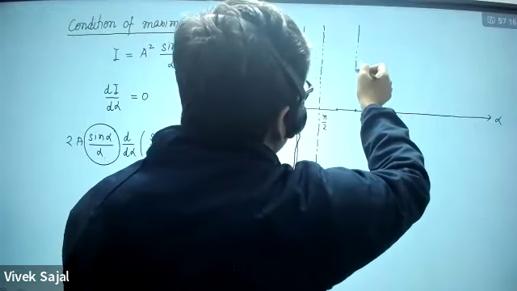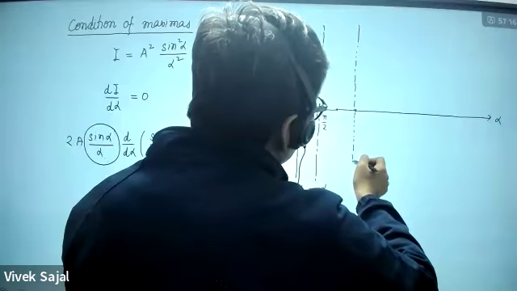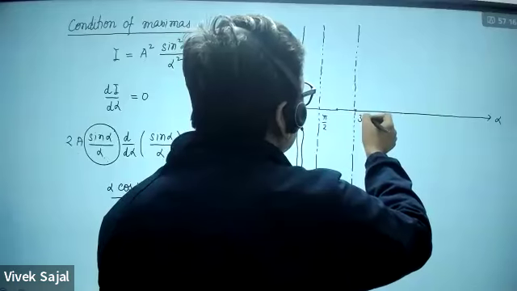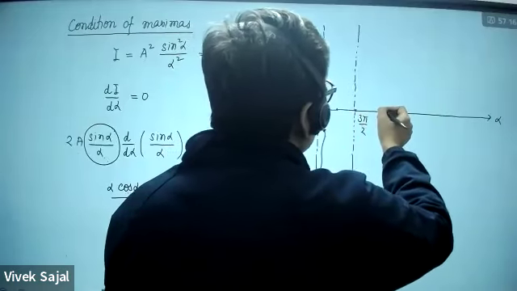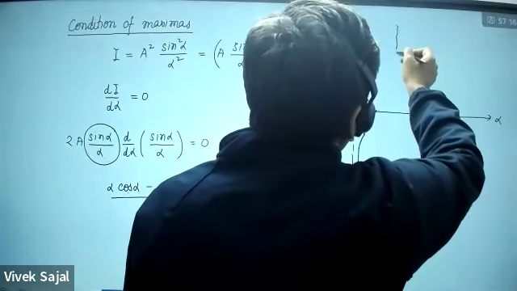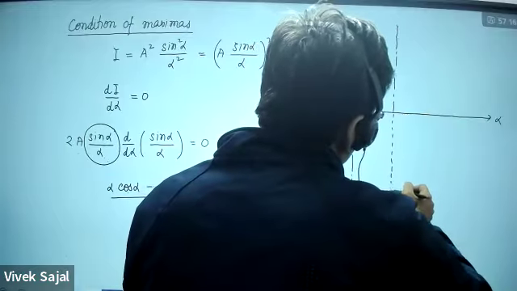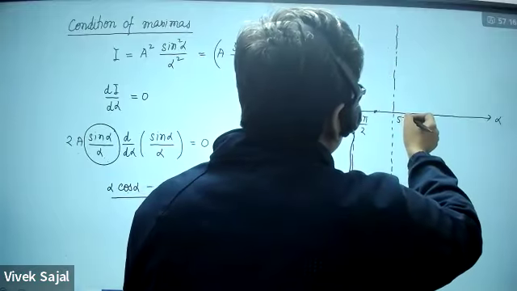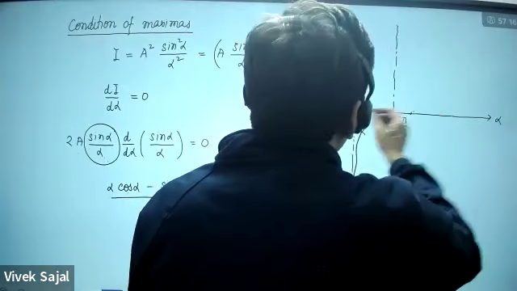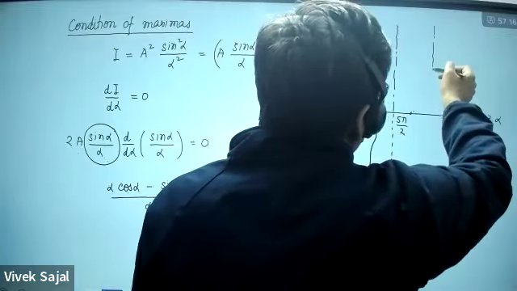Because tan alpha shows asymptotic behavior at these values. Then there will be 2 pi, then 5 pi by 2, 3 pi, and 7 pi by 2.